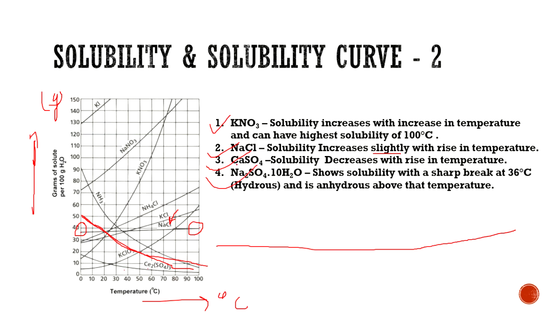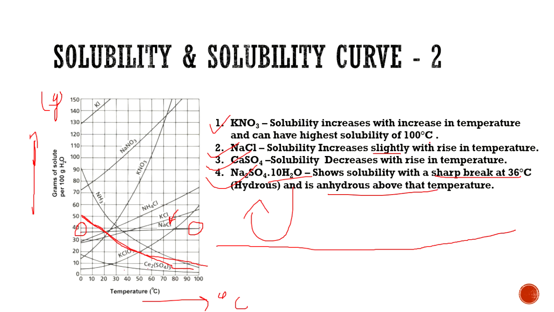So it shows a sharp break in solubility at 36 degrees Celsius. That is, it is in a hydrous state. What do you mean by hydrous? We will learn later. That is why the 10H2O is there, because it is hydrous. So at the sharp 36 degrees Celsius, what happens? It becomes anhydrous above that temperature.